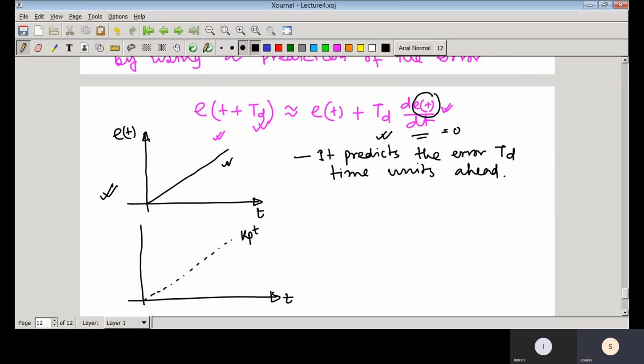because, suppose you have taken the slope as 1, so that is Kp t.